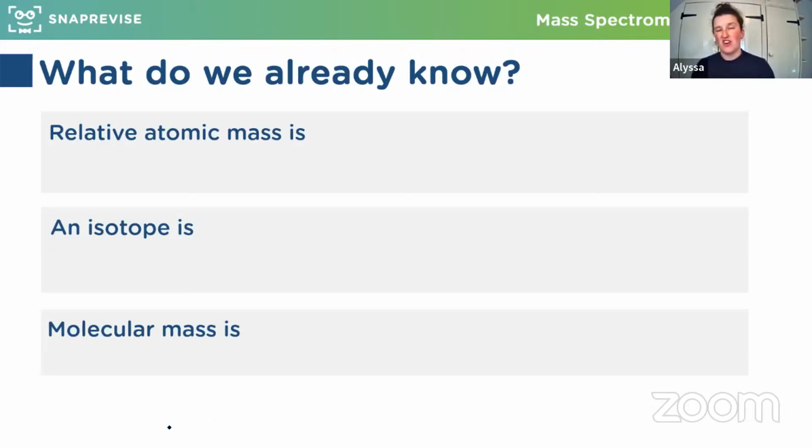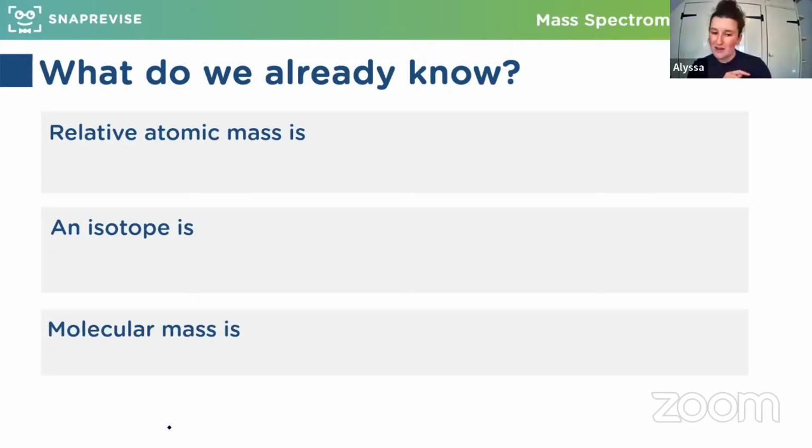There is a definition that we should know off by heart because we have to be very specific with our understanding of relative atomic mass, because there are loads of different ones. There's relative atomic mass, molecular mass, formula mass, isotopic mass, molar mass. All of these things are ever so slightly different, so we do need to know the differences between them.